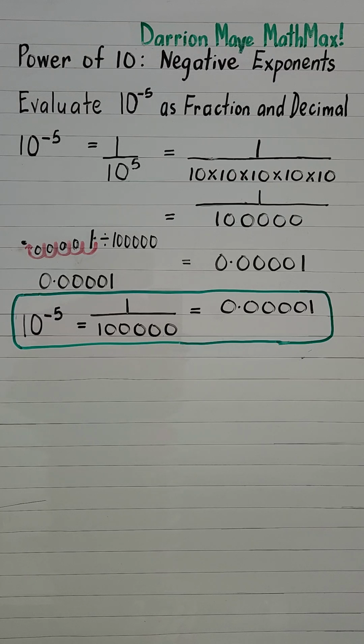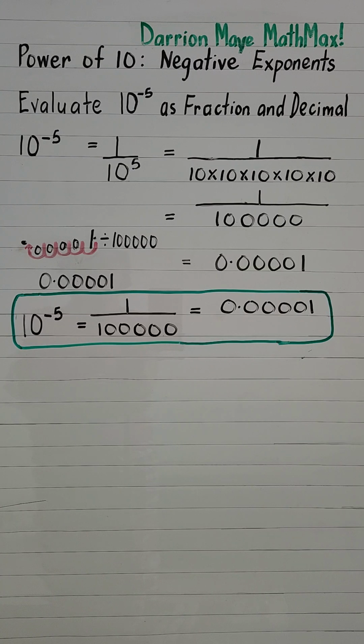And as a decimal, we divide the numerator, which is 1, by 100,000, which is the denominator. And to do that, fraction to decimal, we divide the numerator by the denominator, move the decimal point 5 places to the left, and then we will arrive at 0.00001.